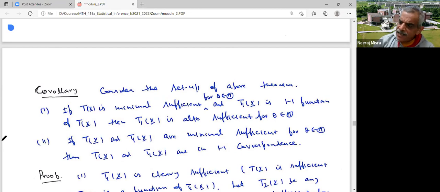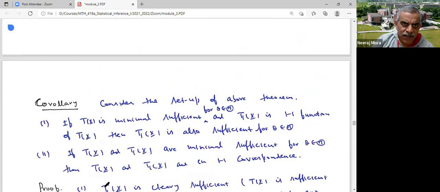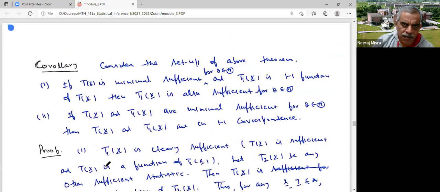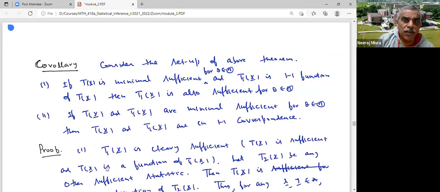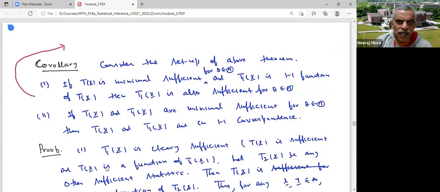Now let's look at its corollary. Let us look at the setup of our problem. If Tx is minimal sufficient and T1 is a one-to-one function of Tx, then T1(x) is also minimal sufficient. I have given a proof, but one can develop a very small proof.